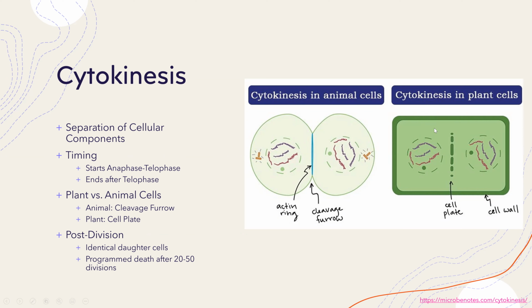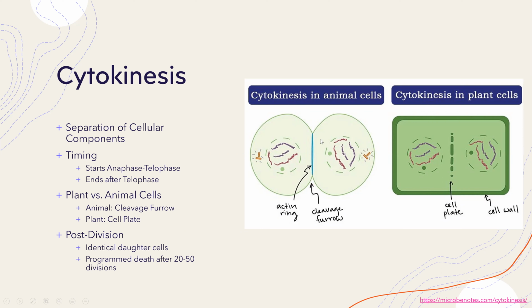So this physical process where the cells are basically torn apart or divided by a cell plate, as you can see in plant cells, can begin during anaphase or it can begin in telophase, and it ends shortly after telophase.